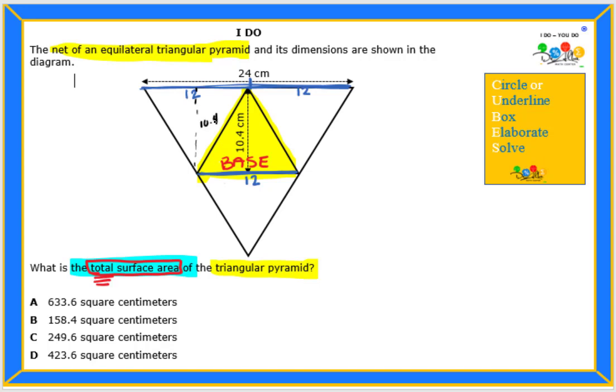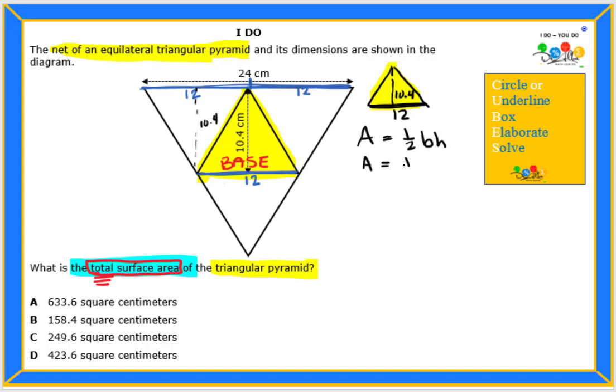So basically we have 4 congruent triangles making up this triangular pyramid. So I'm going to find the area of that base. The base of the triangle is 12 and the height is 10.4. So the area of a triangle is half of the base times the height.